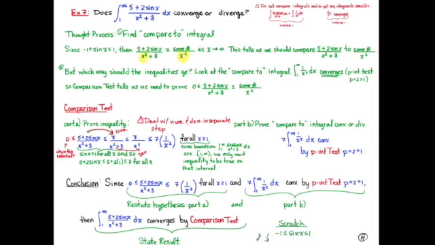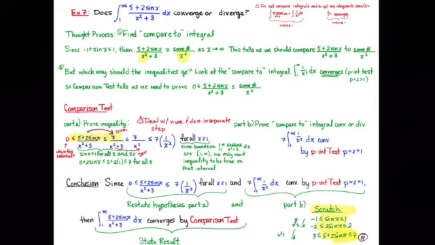So we would have 5 plus 2 sine x less than or equal to 7. And the part that we care about would be the 5 plus 2 sine x less than or equal to 7. And so that's where I'm dealing with that numerator part of the inequality.